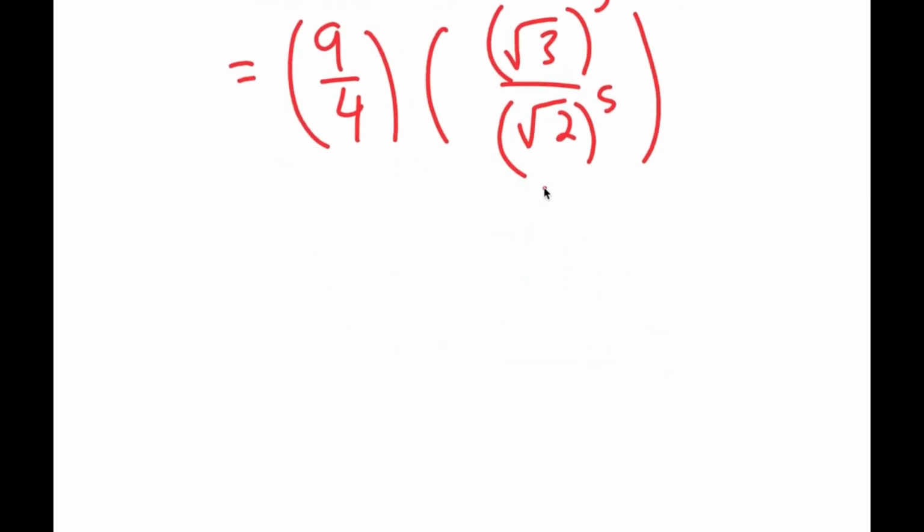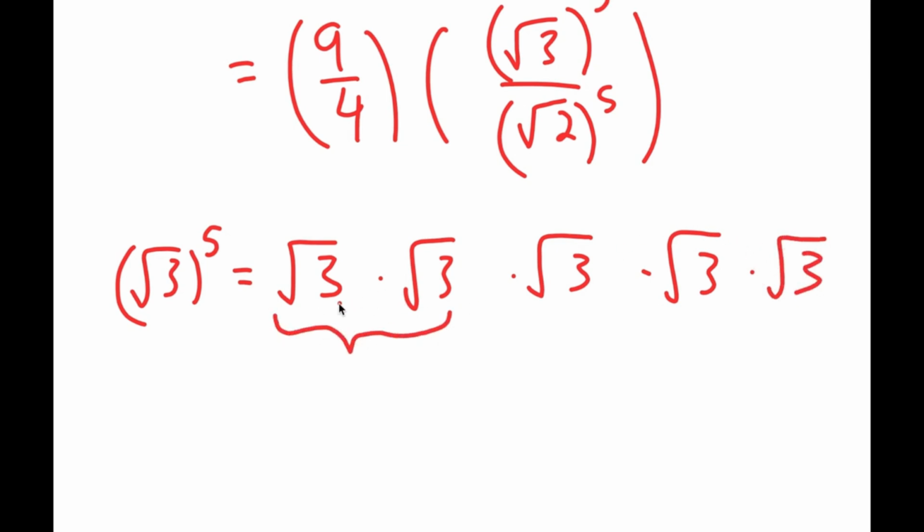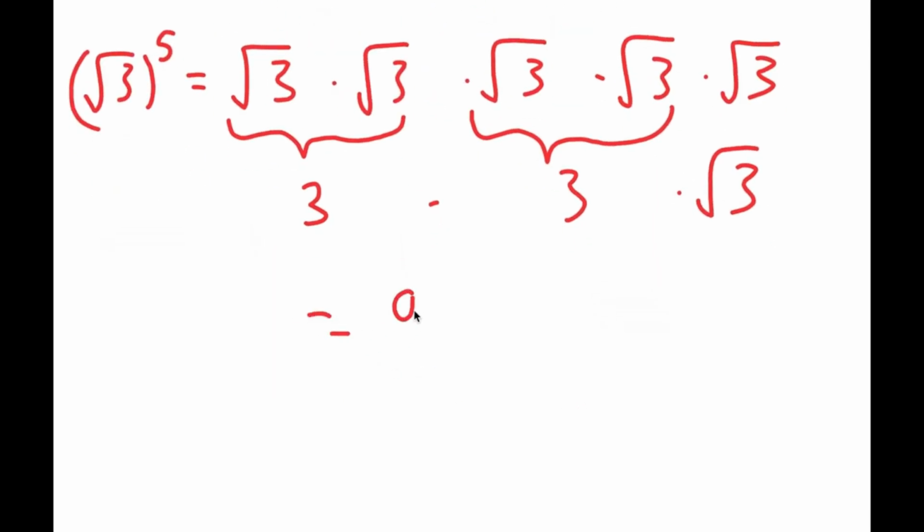Now the square root of 3 to the power of 5 is equal to the square root of 3 times the square root of 3 times the square root of 3 times the square root of 3 times the square root of 3. So two square roots of 3 multiplied to each other simply make 3. So I have 3 times 3 times the square root of 3, which is equal to 9 root 3.